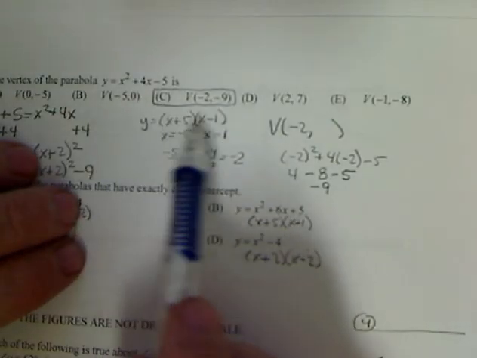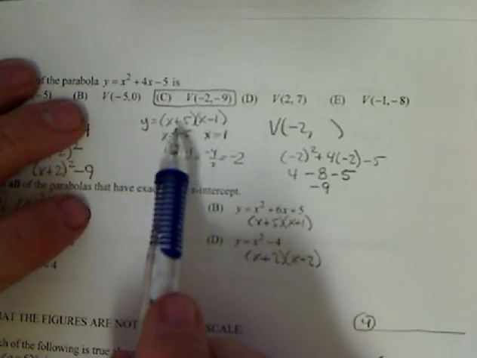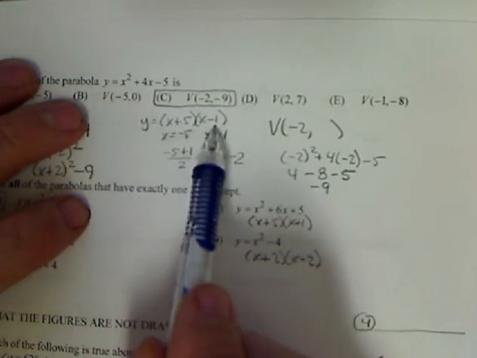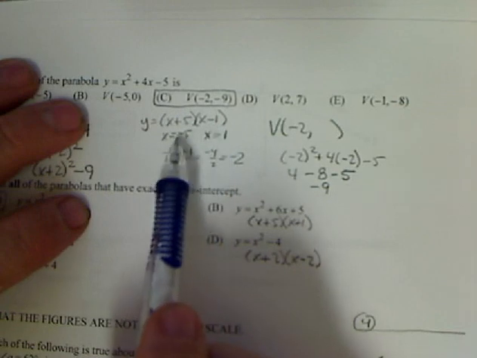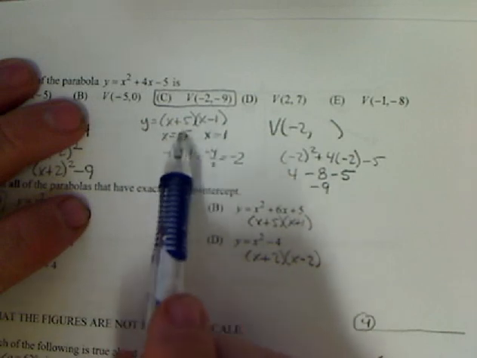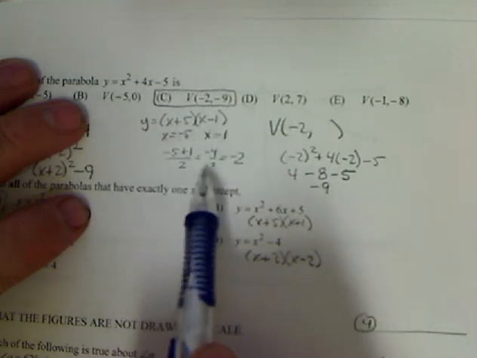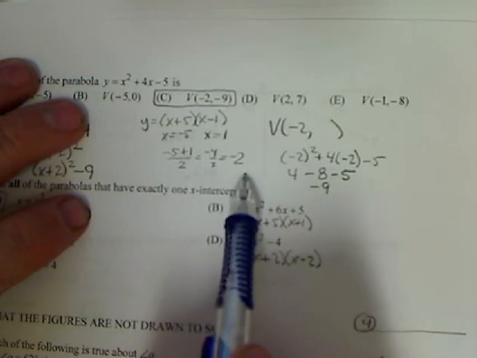The other choice, you can also do it just by factoring this directly, and the vertex is going to be halfway between the x-intercepts. So I could find the x-intercepts instead. This factors to x plus 5 and x minus 1. So the x-intercepts are going to be at negative 5 and positive 1. The vertex happens halfway between them. So if I average those two numbers, negative 5 plus 1 is negative 4, divided by 2 is negative 2.